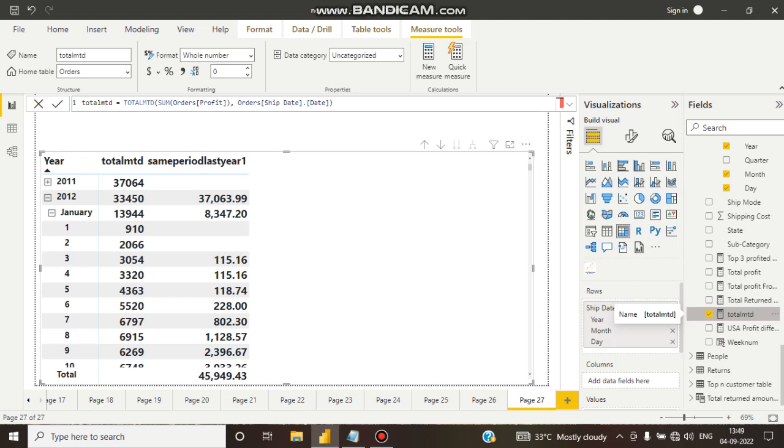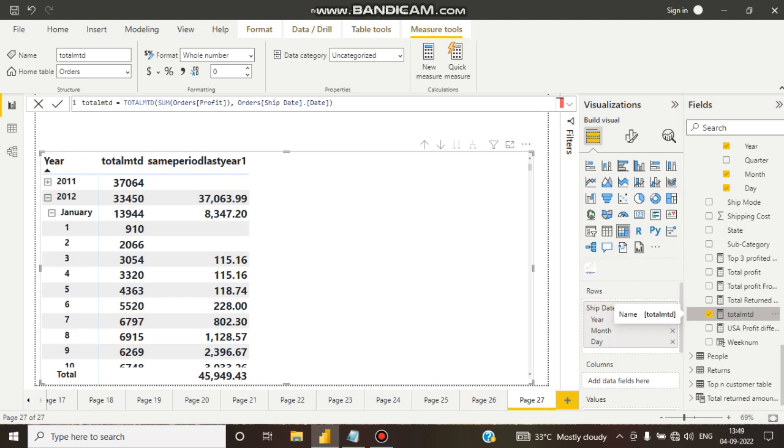That means if 1st of September is 100 rupees, then 2nd September is 500 rupees, like this until 30th September 2022, showing how 10,000 rupees is made. That is all about total MTD.